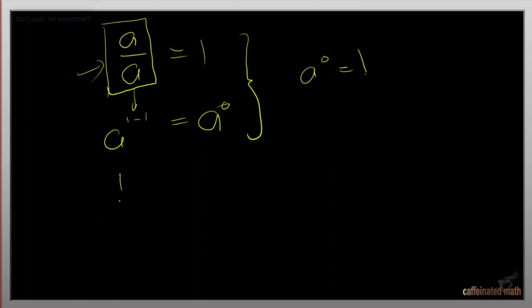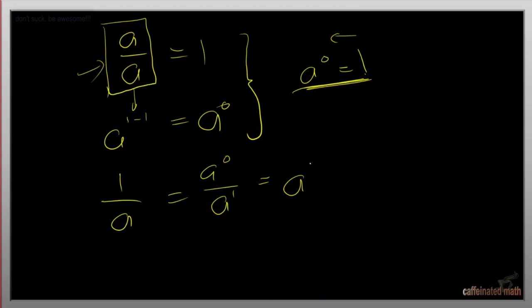Well, how about 1 over a? Well, that can be rewritten as, remember we just established this, 1 can then be written as anything to the power 0. And then we have a, remember, if we don't see an exponent over there, there's a 1. Well, that can be rewritten as a to the power 0 minus 1, which is just a to the power negative 1.